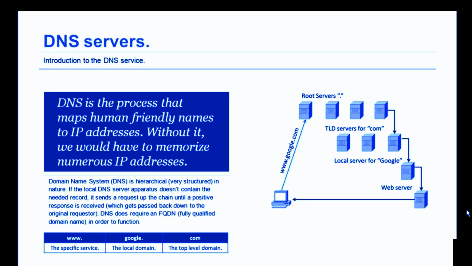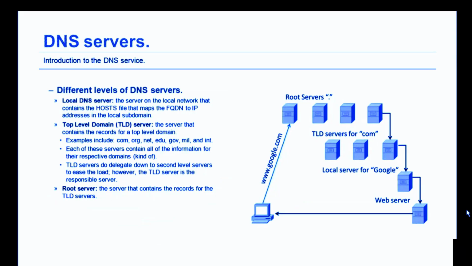The Google portion is the local domain that contains the specific service, and the com is the top level that contains the Google that contains the specific service. That is an FQDN.